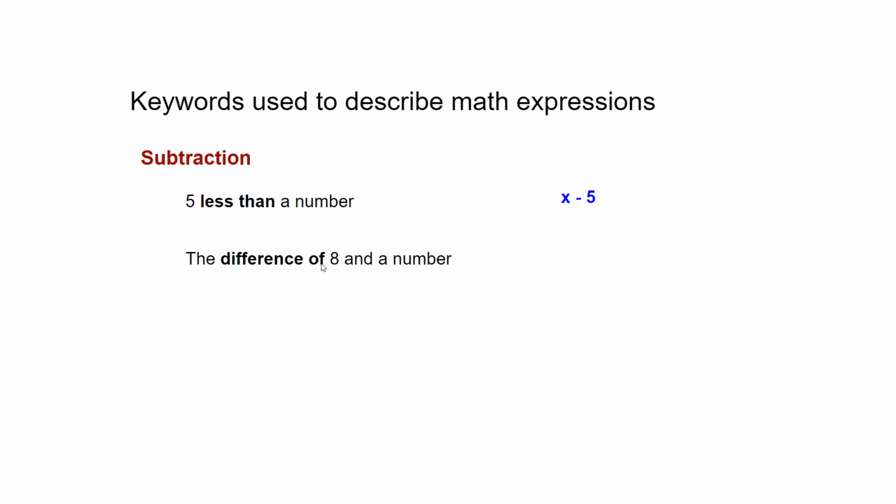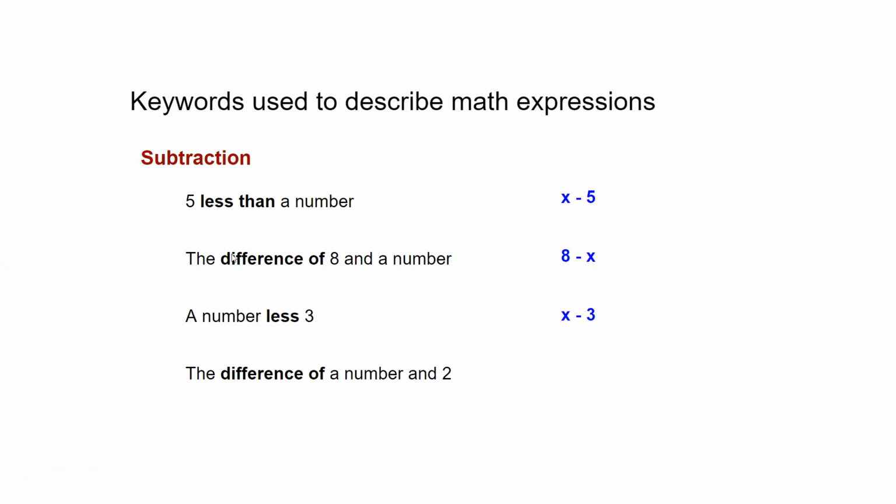The difference of 8 and a number. We're going to take these in order. That's going to be 8 minus the number X. 8 minus X. A number less 3. X minus 3. The difference of a number and 2.